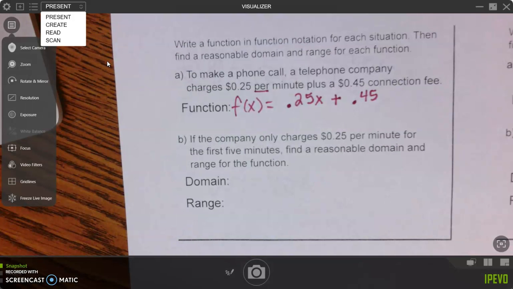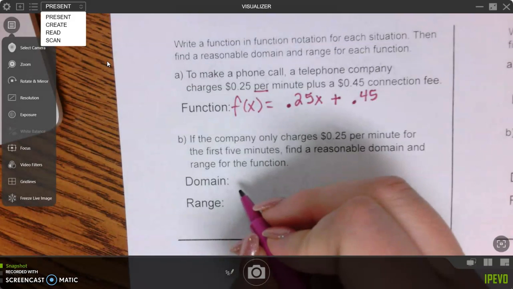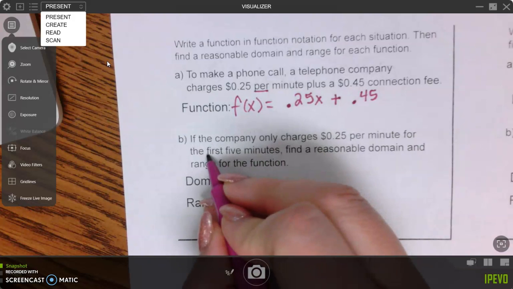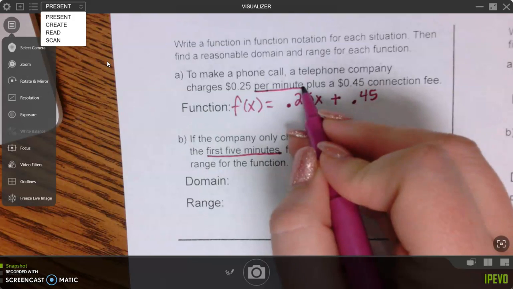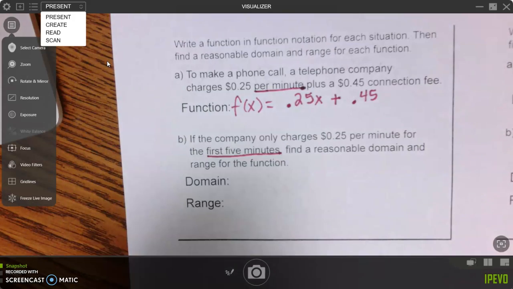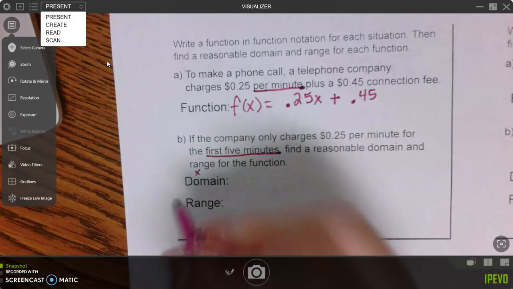Part B says if the company only charges 25 cents per minute for the first 5 minutes, find a reasonable domain and range for the function. Okay, so a reasonable domain, it says the first 5 minutes. X represents the amount of minutes. Remember, X values are your domain values.